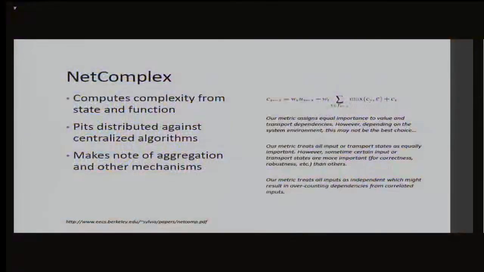There's another one called NetComplex, you can see the URL down there at the bottom of the slide. I assume you can read it because I can't from up here. But anyway, you can see that there's this thing called NetComplex, and there's a bigger formula there, and their metric is to try to compute complexity from state and function.